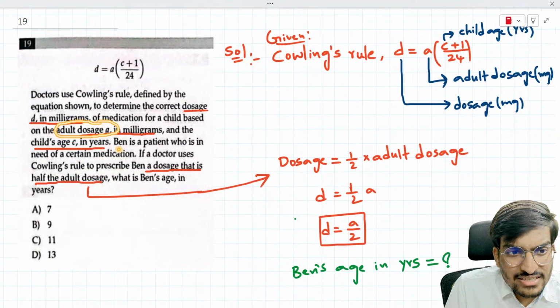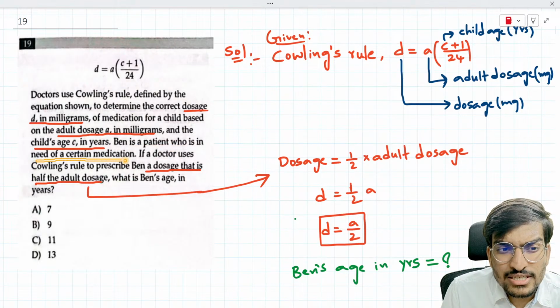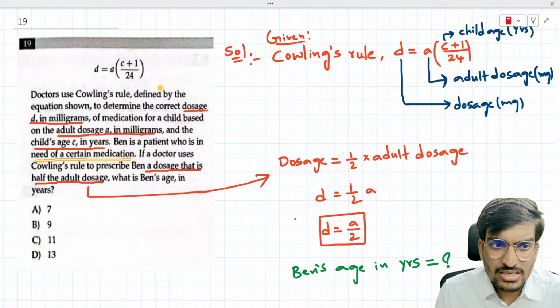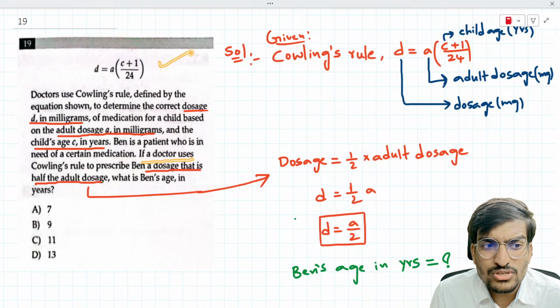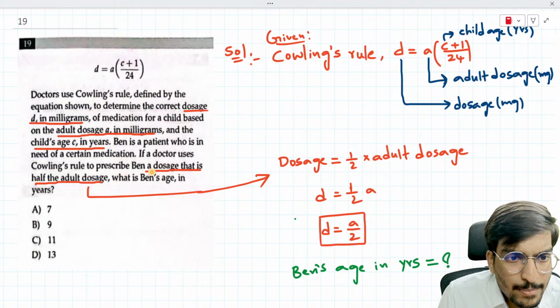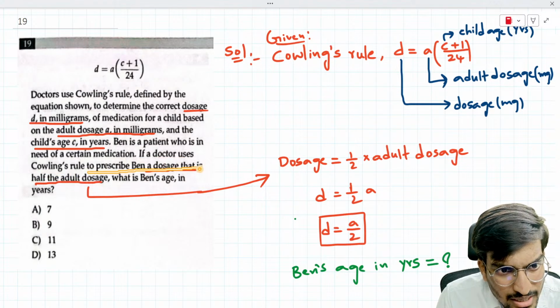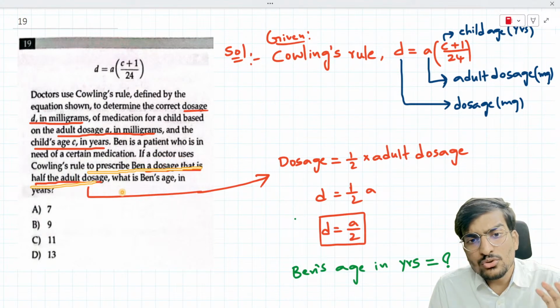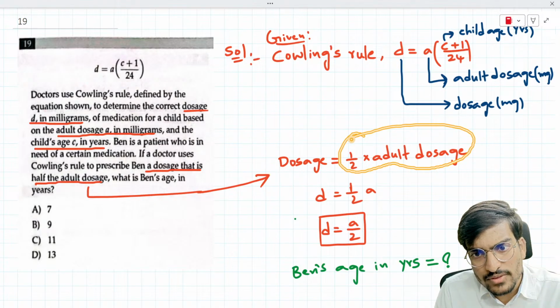Ben is a patient who needs a certain medication. If a doctor uses Cowling's rule to prescribe Ben a dosage that is half of the adult dosage, what they are saying is dosage equals half of the adult dosage.